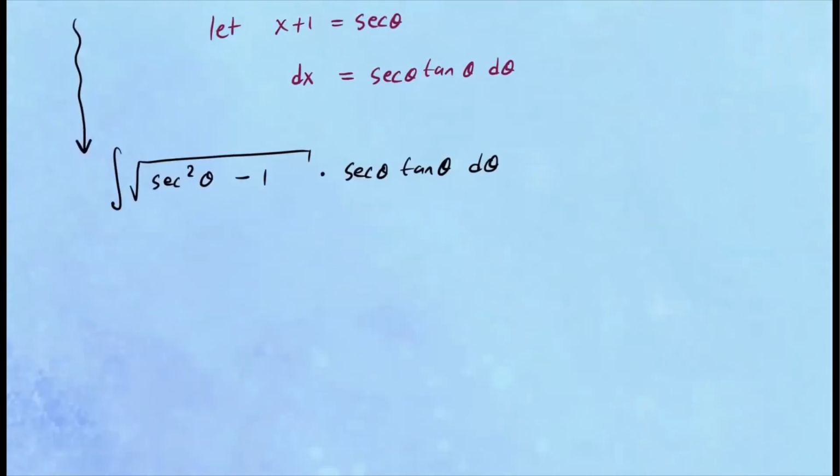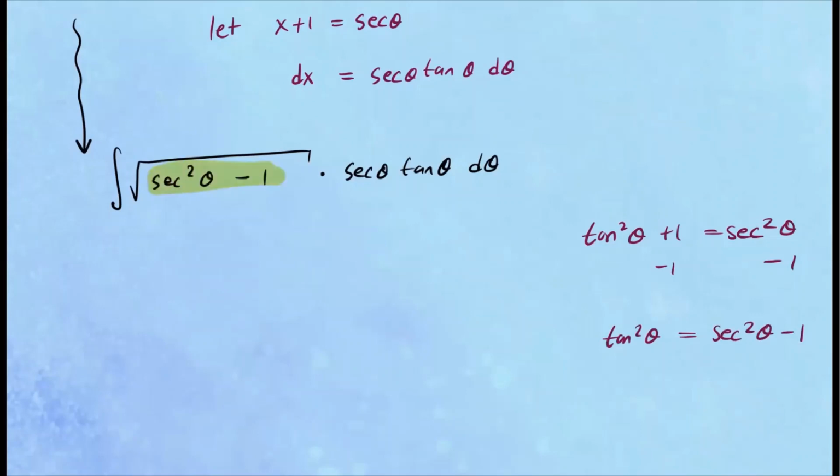So here we're going to be using that same identity from before, that tangent squared theta plus 1 is secant squared theta. So we don't exactly have that. We have secant squared minus 1. So if you subtract 1, you get tangent squared theta is equal to secant squared theta minus 1. That's what we're going to replace right here. So secant squared theta minus 1 is tangent squared theta.